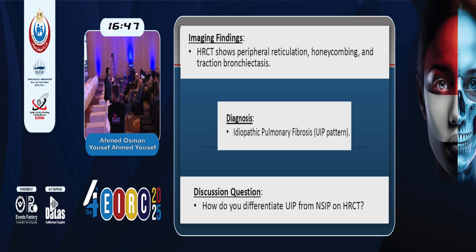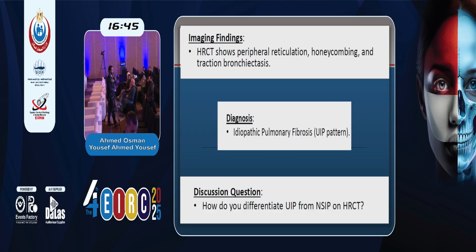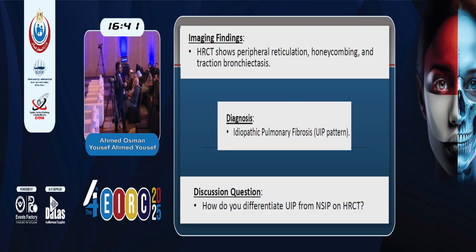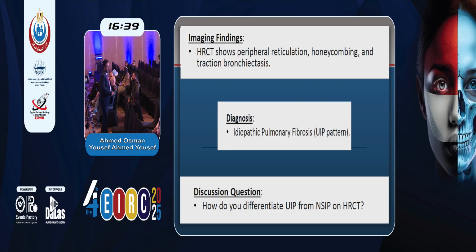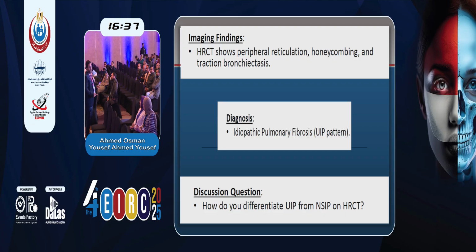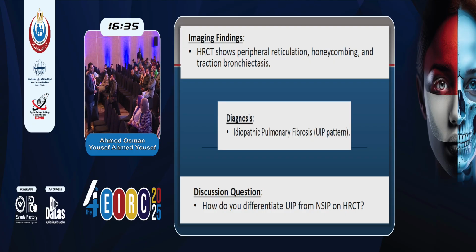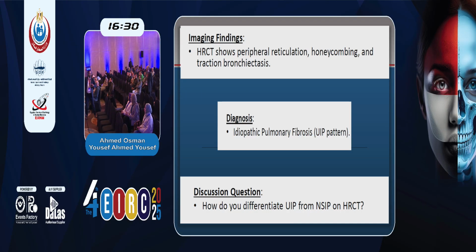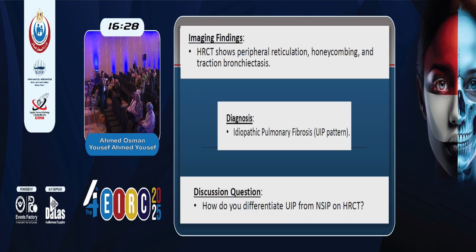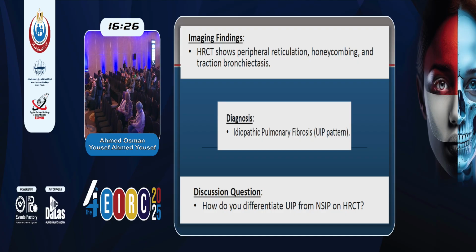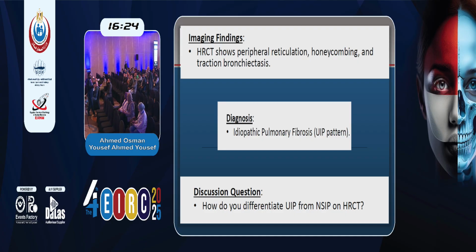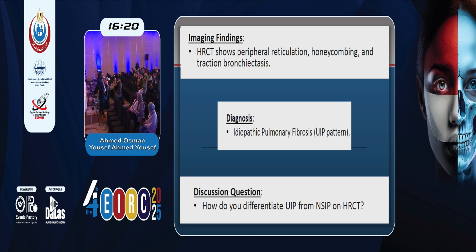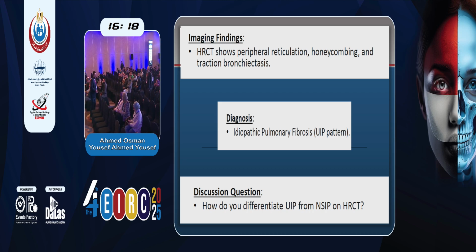But when we see widespread, extensive pulmonary fibrosis with honeycombing, are you still confident of UIP? In this case, it's very characteristic: bilateral, lower lobar, peripheral honeycombing. If we see extensive widespread pulmonary fibrosis and upper and lower honeycombing, are you still confident of UIP?